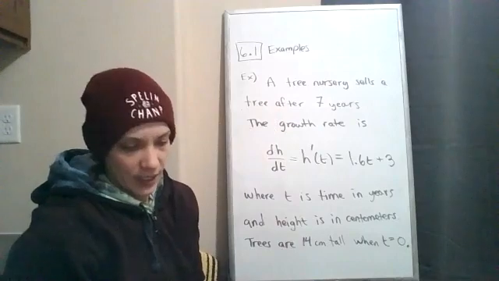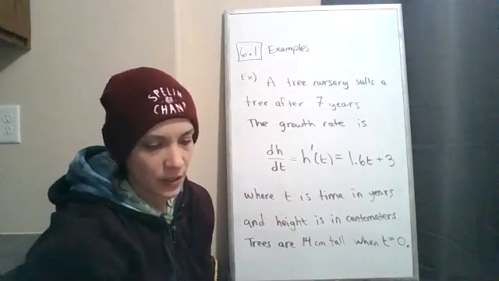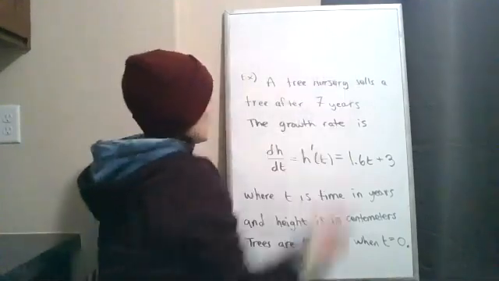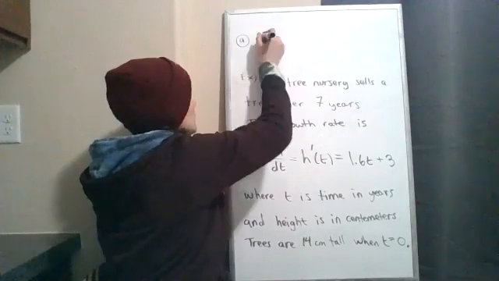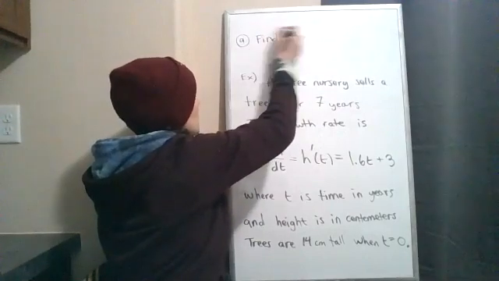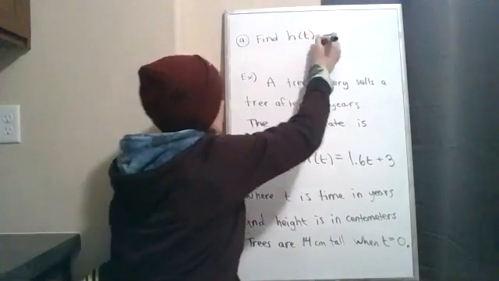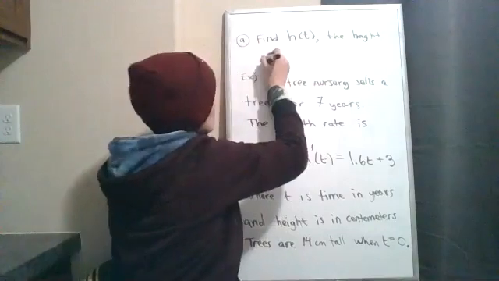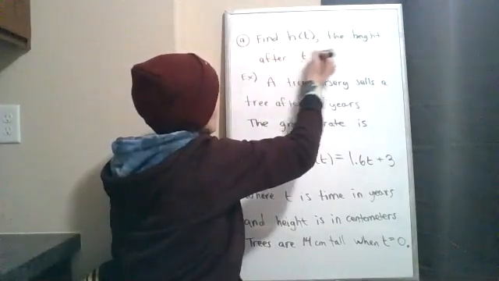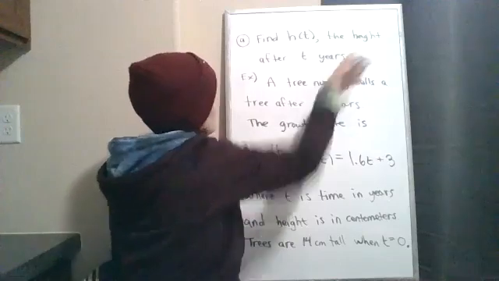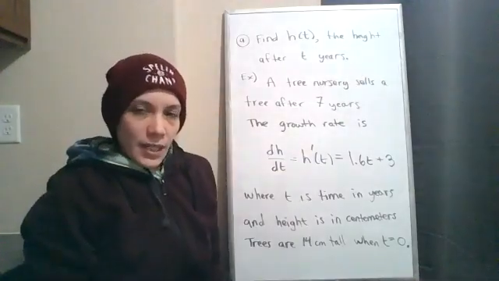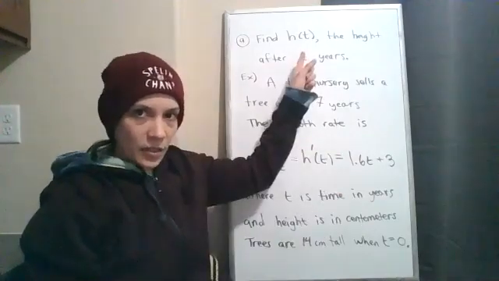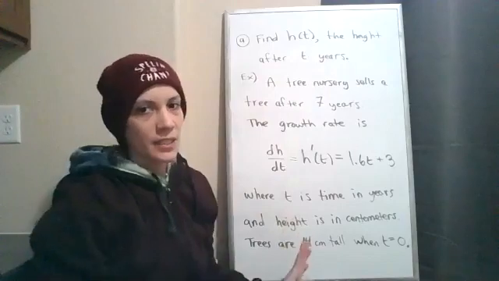Okay, first part is find the height after t years. Find h of t. It's like what we did before. You take your h prime of t, integrate that to get the h of t, but you'll have to solve for c with an initial condition.